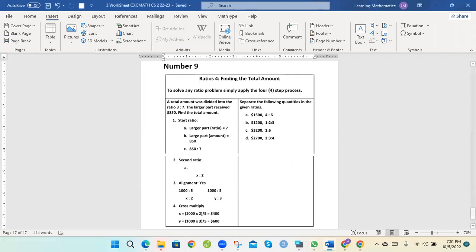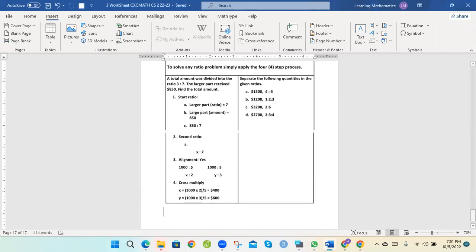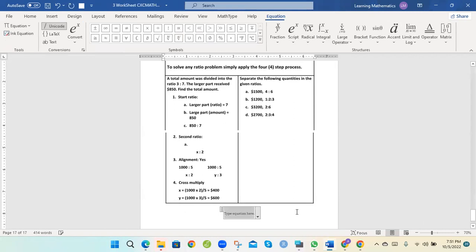Now, remember we said a prior step, whenever you are dealing with ratios, is to find the total parts. So before you apply the 5-step process, find the total parts.